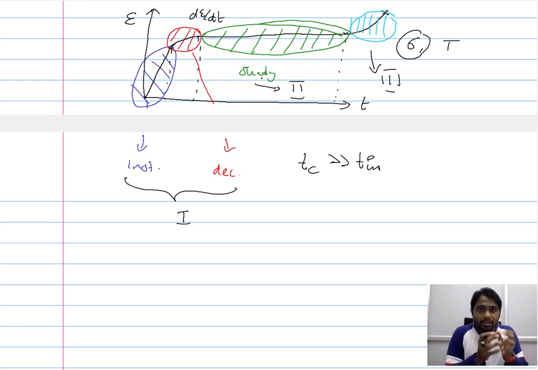When you compare the time spent under the steady state condition to the instantaneous time, the instantaneous time is very small, and therefore these two are combined into stage 1. Stage 2 is where minimal strain is exhibited by the material, which we refer to as the steady state condition or steady state creep. And finally you have the tertiary creep, wherein the strain with respect to time accelerates at a very high rate.